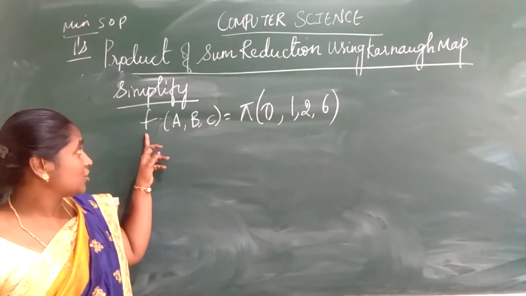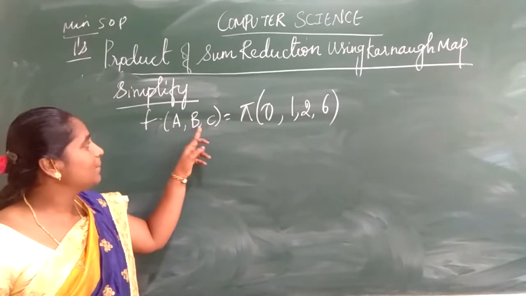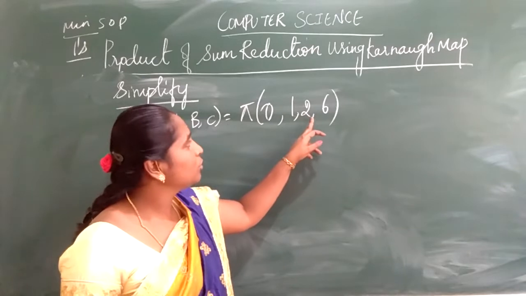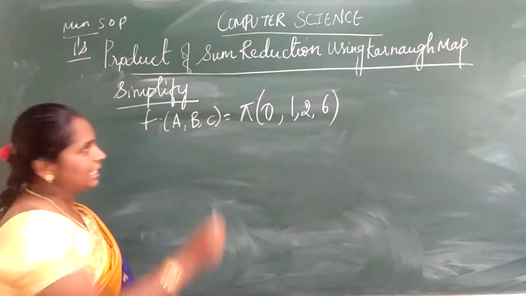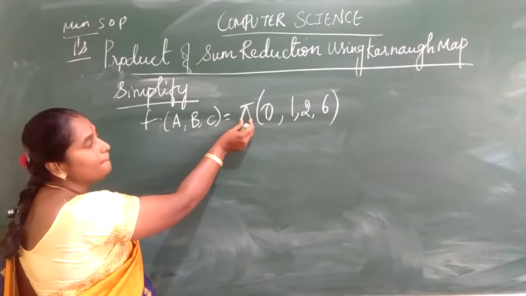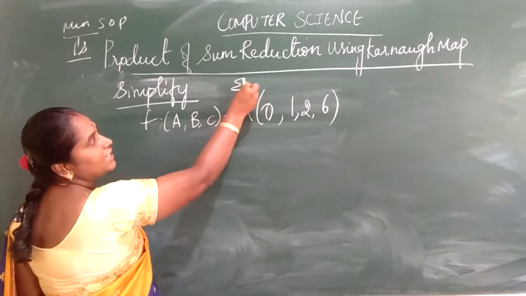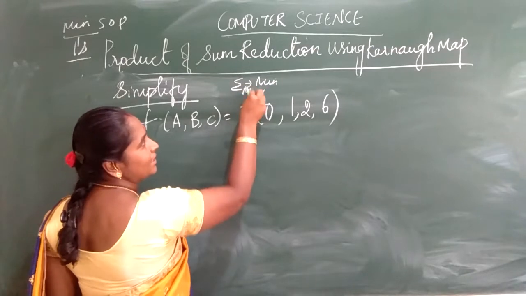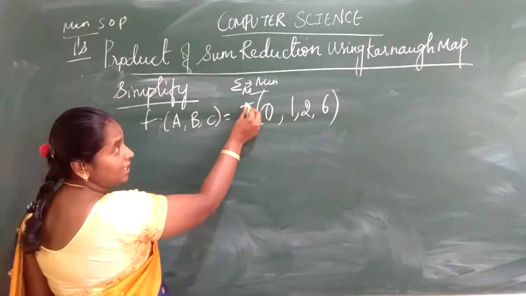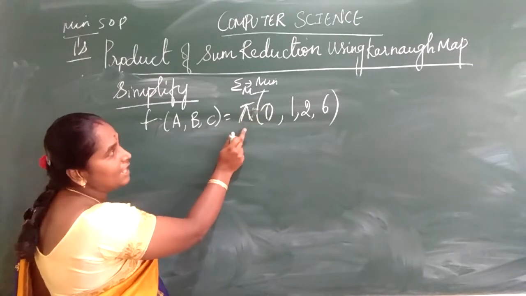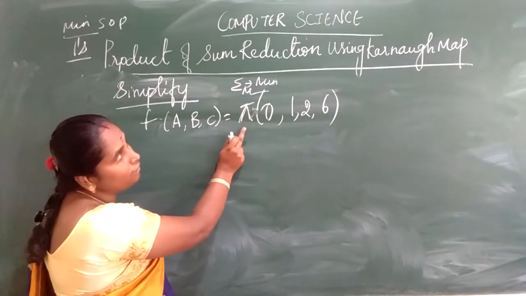So the given expression is f of a, b, c equals pi of 0, 1, 2, 6. If summation is given, this represents your min term, or small m is represented as min term. If they give us pi of capital M, understand that is nothing but your max term or product of sum.